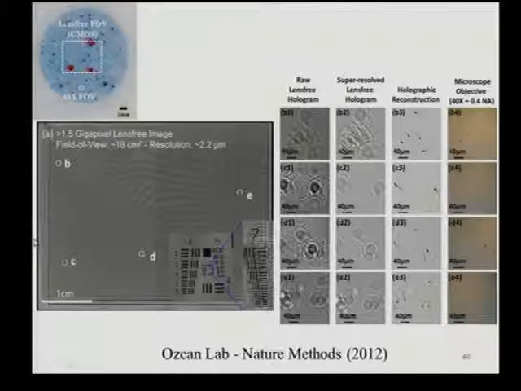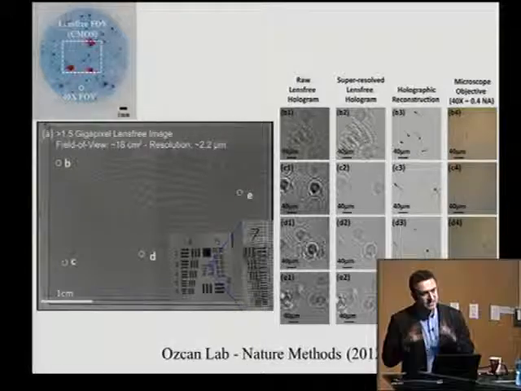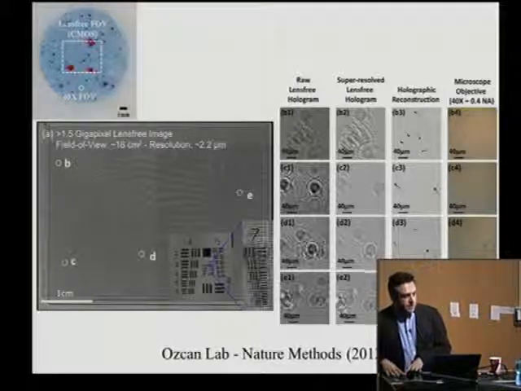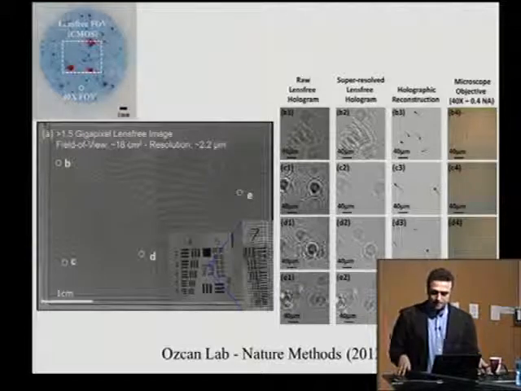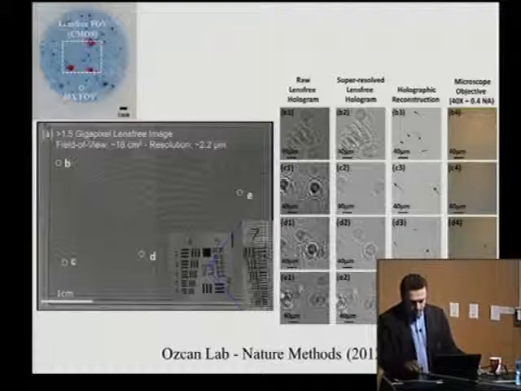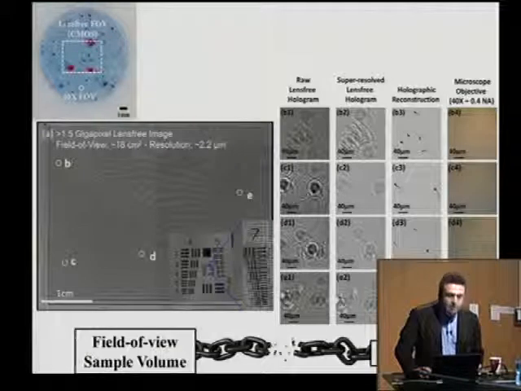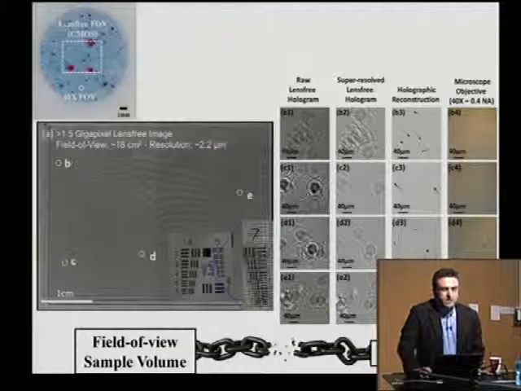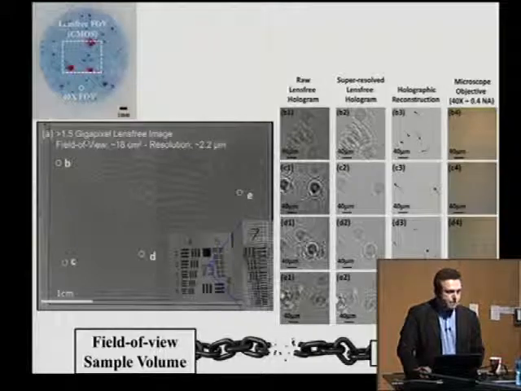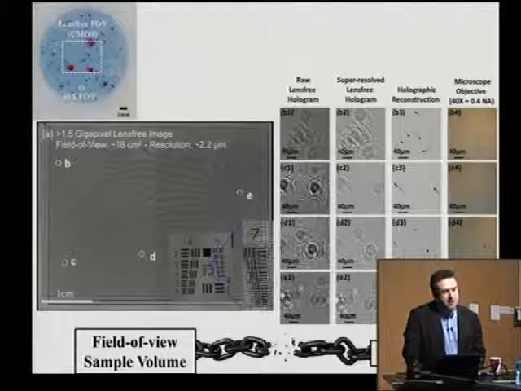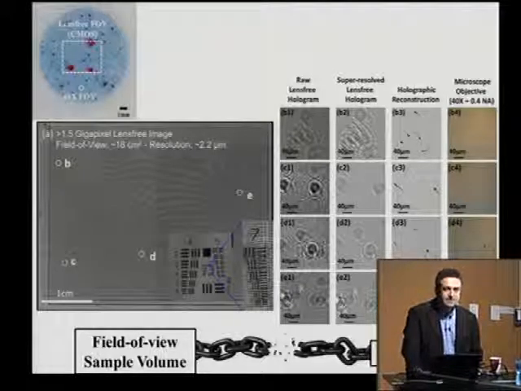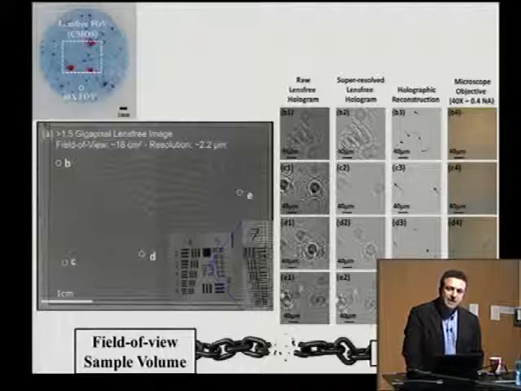One important distinction that I'd like to make at this point is this is a platform that is independent of the sensor chip. Depending on your resolution and field of view, you can select different amounts of megapixels, different pixel size. And more importantly, in classical microscopy, depending on your objective lens, there's always a relationship, a trade-off between resolution and field of view. They're tied to each other. You have to sacrifice one to get the other improved.